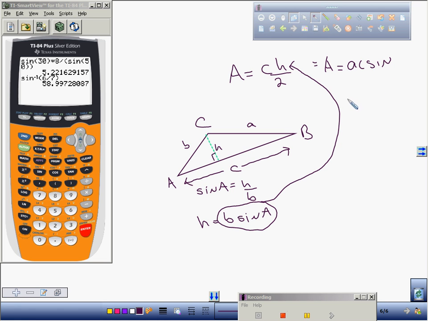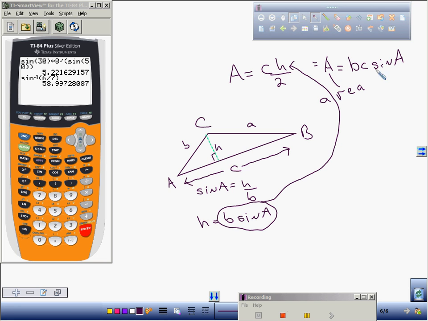It should be A times B... what happened to my B? Oh, sorry, this should be B sine A. C, sorry, I messed up. B, C, sine A, divided by 2. So this is the area.